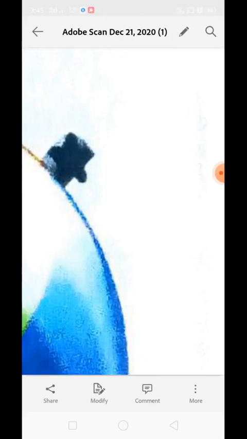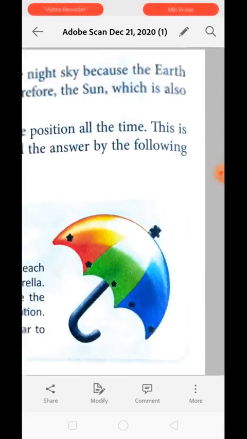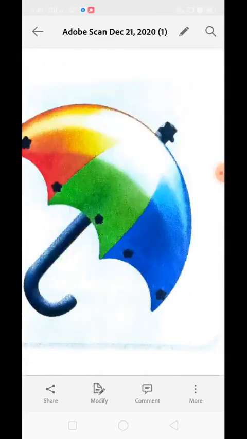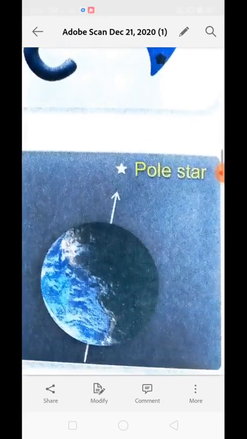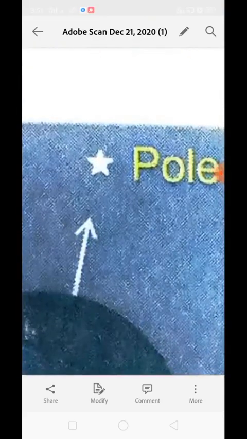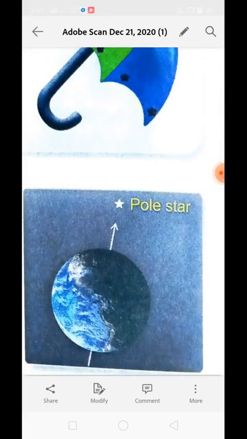Why is that? Because it is also rotating, but as it is present at the center of the umbrella, it is not showing any movement. In the same manner, the pole star is situated just above the north end of the axis of rotation of the earth.